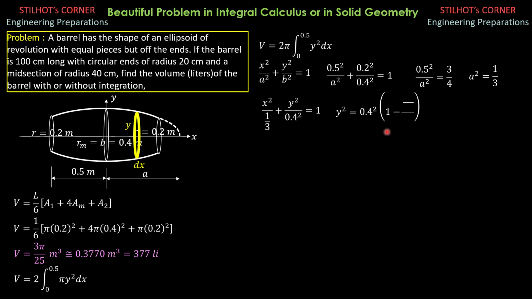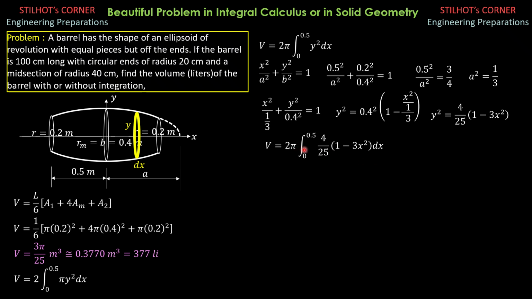If we simplify, 0.4 squared is 4 over 25, and the terms inside the parentheses simplify to 1 minus 3x squared. So 4 over 25 times 1 minus 3x squared. Substitute in this formula: volume equals 2 pi integral from 0 to 0.5 of 4 over 25 times 1 minus 3x squared dx.